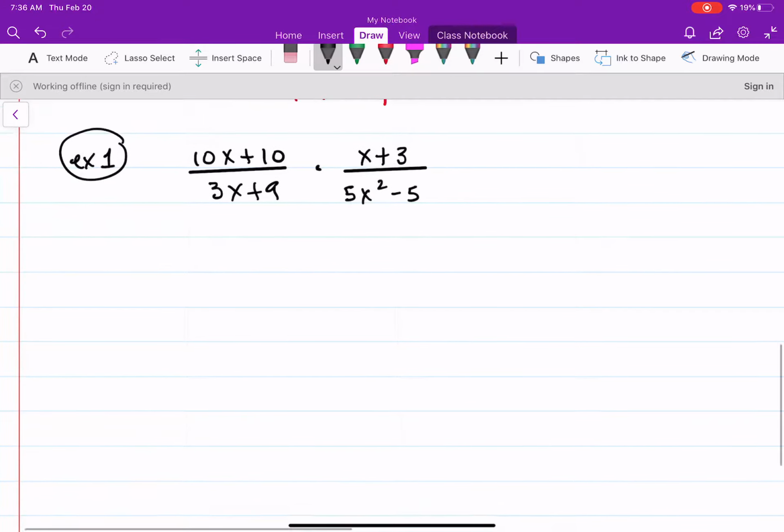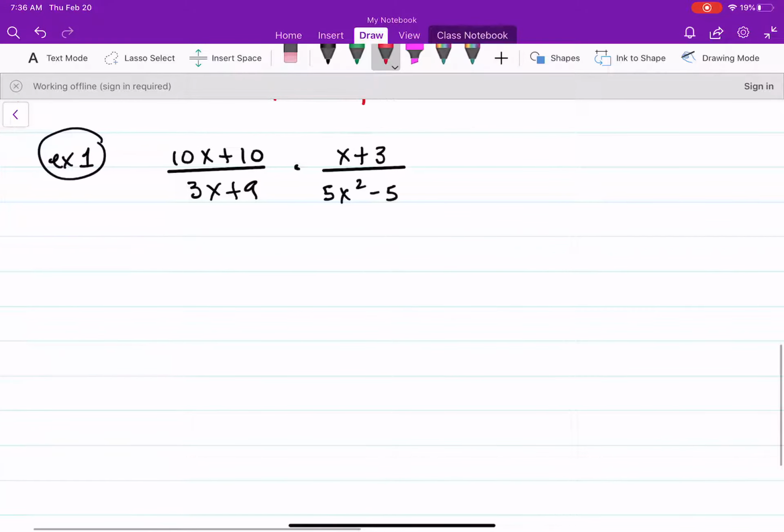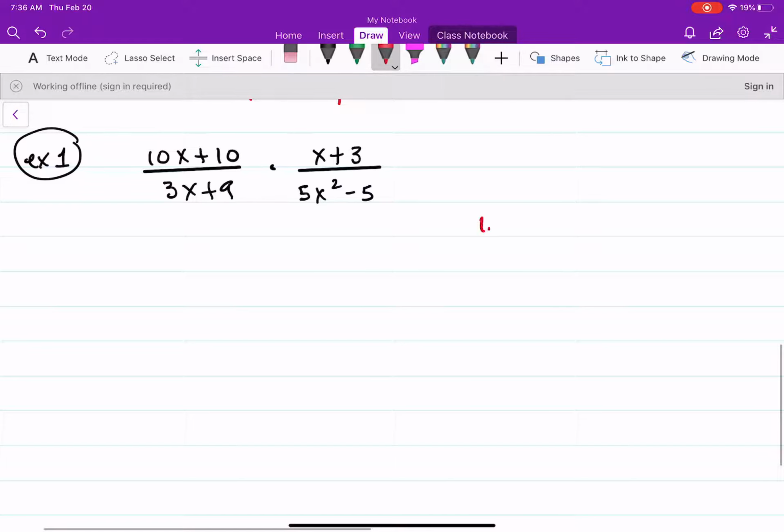All right, so step 1. Factor top and bottom. So let's see. The top is going to be GCF of 10, leaving me with x plus 1.